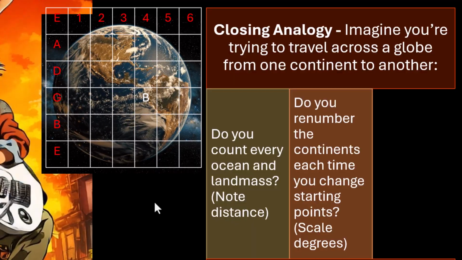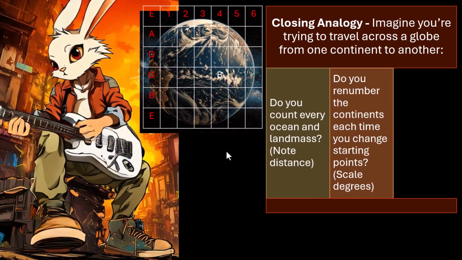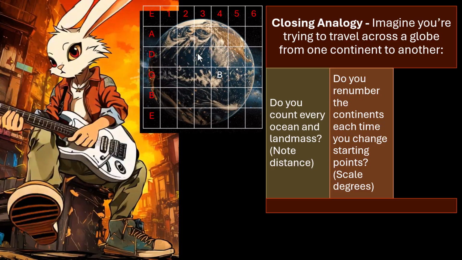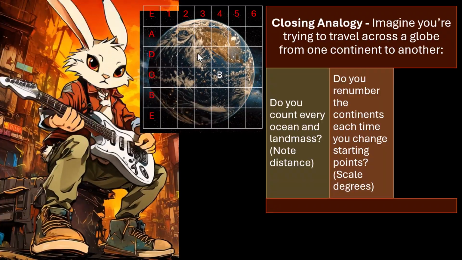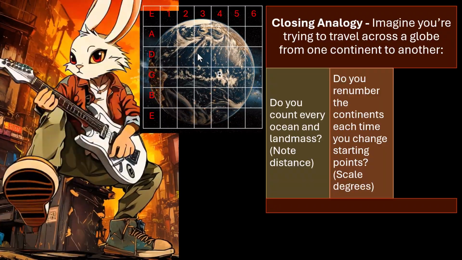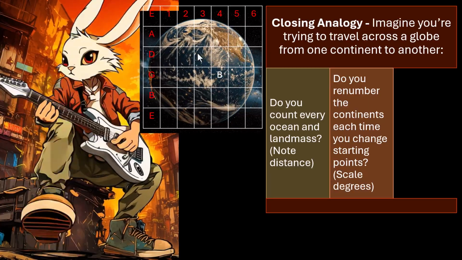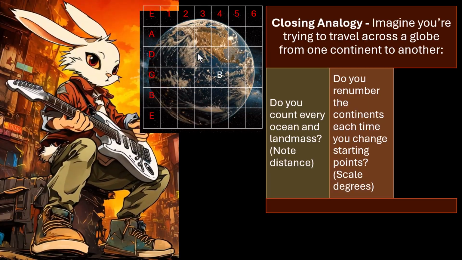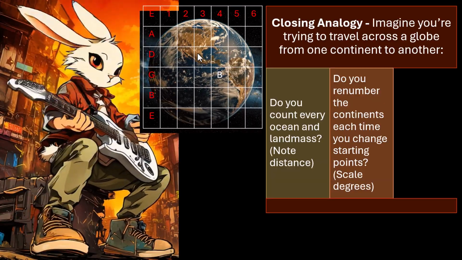So do you renumber the continents each time you change starting points? In other words, if we had our collection of 7 continents on the planet, and I went from America, then to Europe, I wouldn't say America is the 1 continent and Europe is the 2 continent, but now that I'm on Europe and I go from Europe to Australia, now Europe is the 1 continent and Australia is the 2 continent just because that's where I happen to be, right? That's me-centric thinking.